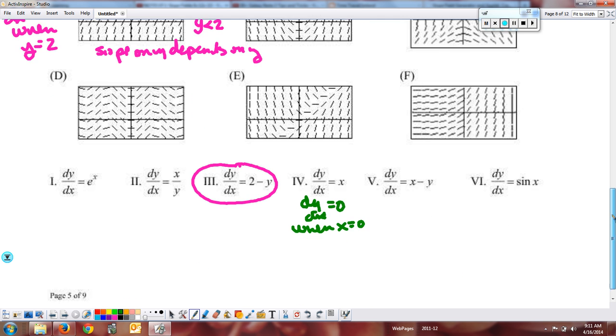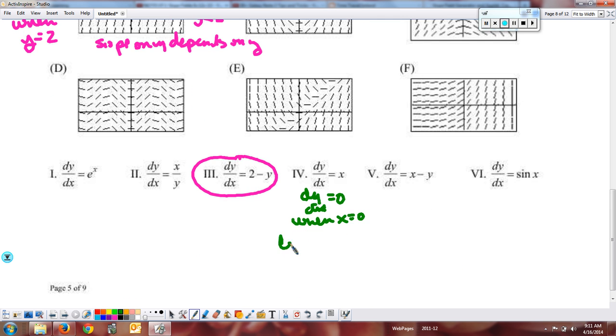Notice that this depends only on x. So we're looking for something that doesn't matter what the y is, which means my parallel little slopes are going to be all vertical from each other because the y's don't matter. And I need to have the slope be 0, horizontal, when x is 0.